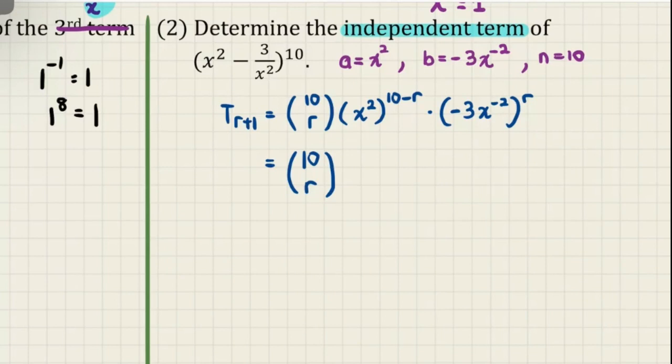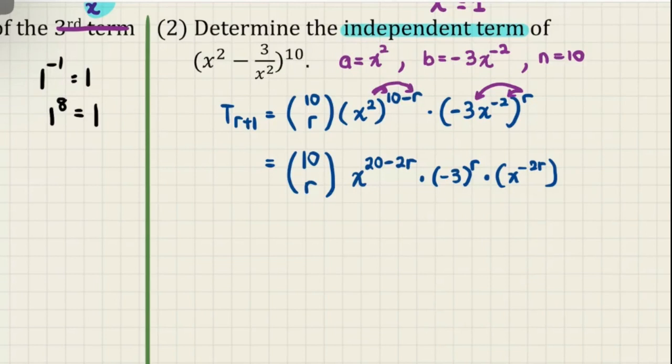So dia jadi apa? 2 darab 10, 2 darab negatif r. So here kita akan dapat x to the power of 20 minus 2r. Okay, kemudian ini r darab masuk kepada setiap base di dalam dia. So dia akan jadi darab dengan negatif 3 to the power of r darab dengan x kuasa negatif 2r.